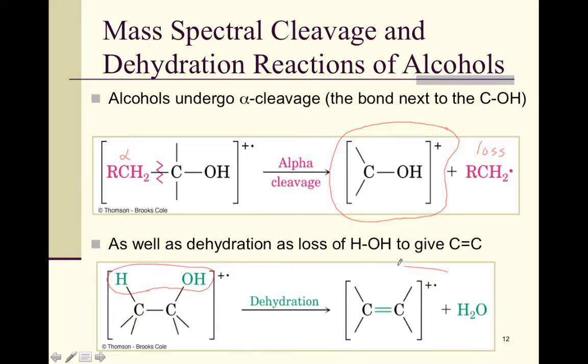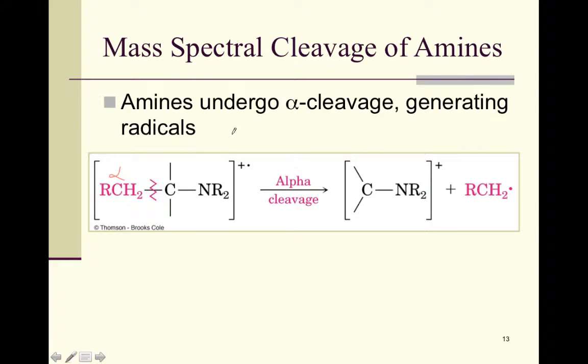And again, the only product we see as an actual peak is the positive one in a mass spec. So in this case, we'll see a loss, and the loss will be minus 18 because that's the molar mass of water.